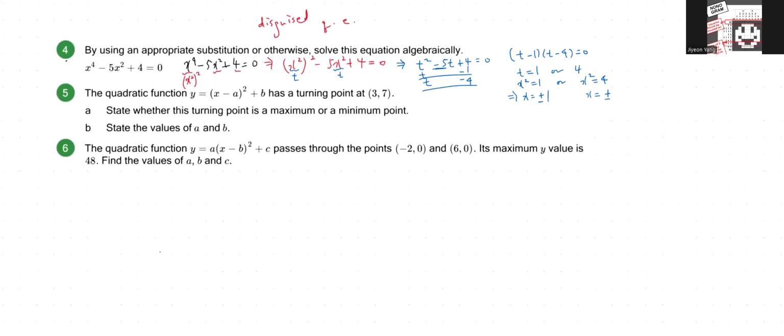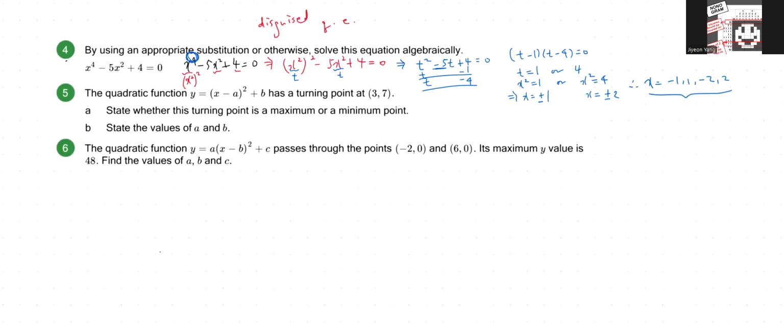Therefore, the total solution of this equation is negative 1, 1, negative 2, 2, which means there are 4 roots, which makes sense because this is a quartic equation. It should normally have 4 roots, right?